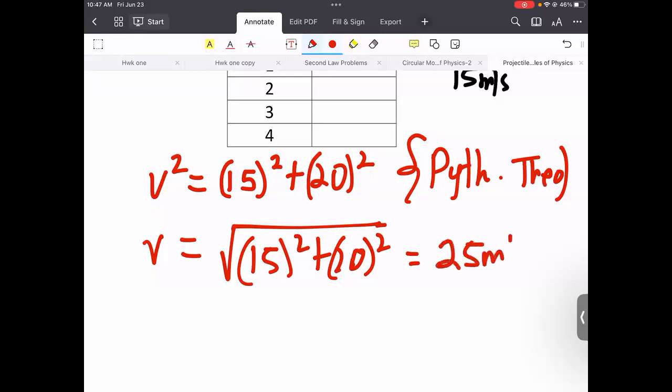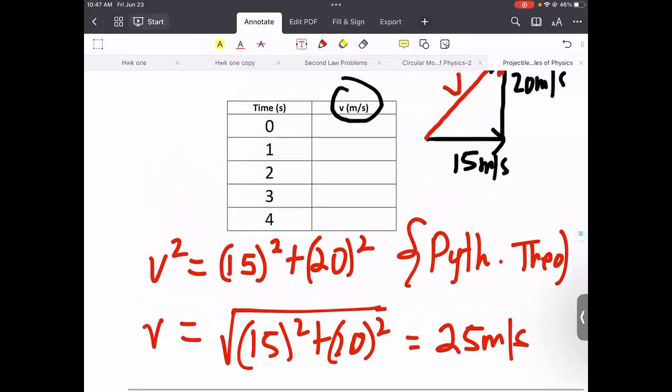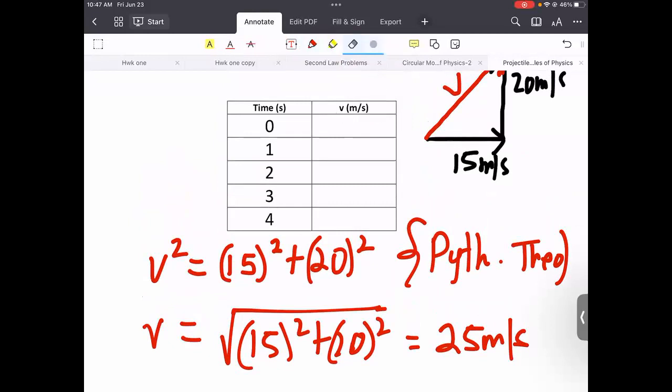So 25 meters per second. All right, so I can go ahead and insert my answer here. Okay, so that will be 25. All right, so I can do the same now for the second position after 1 second.